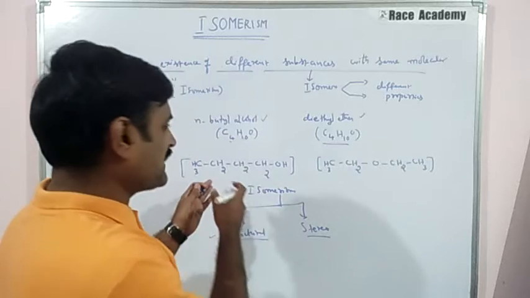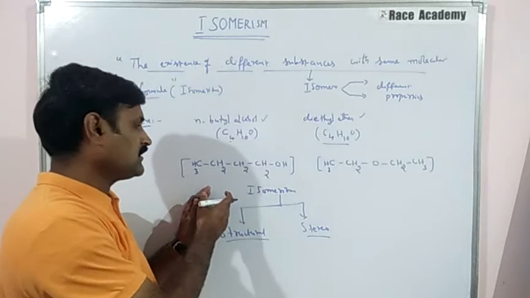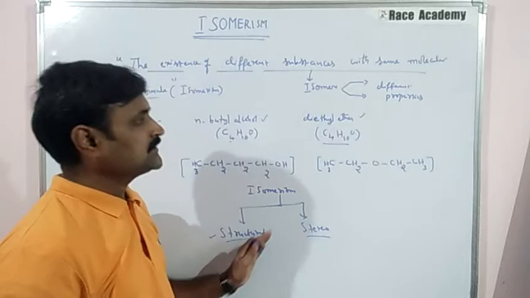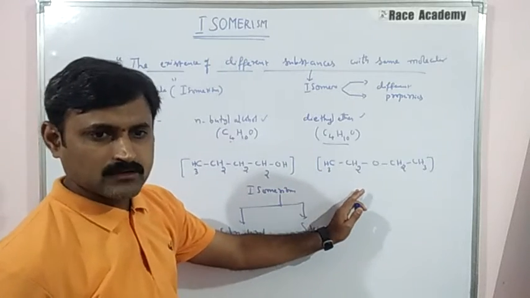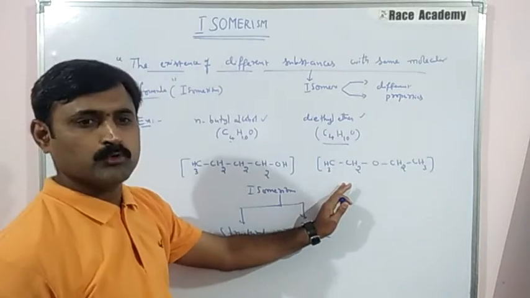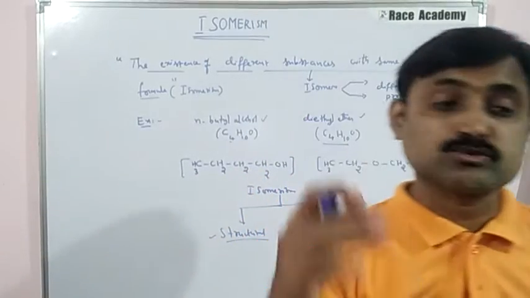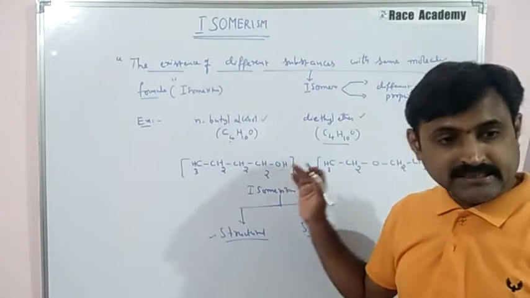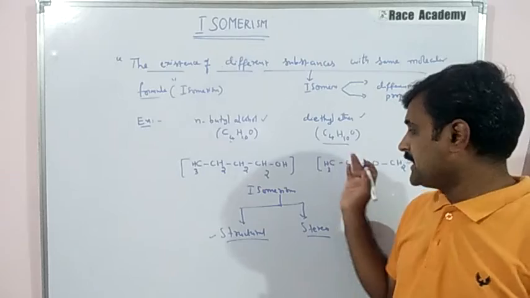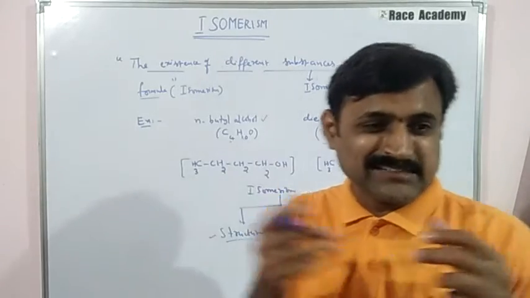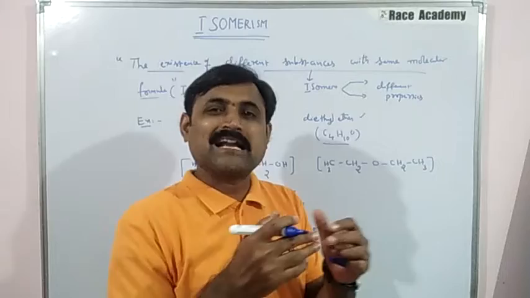If you take the same example here, N-butyl alcohol and diethyl ether, what you can understand from this definition is that the connectivity of the atoms is different.